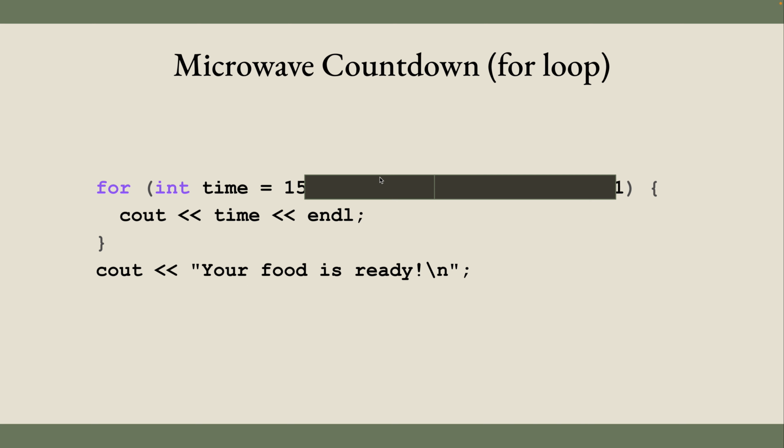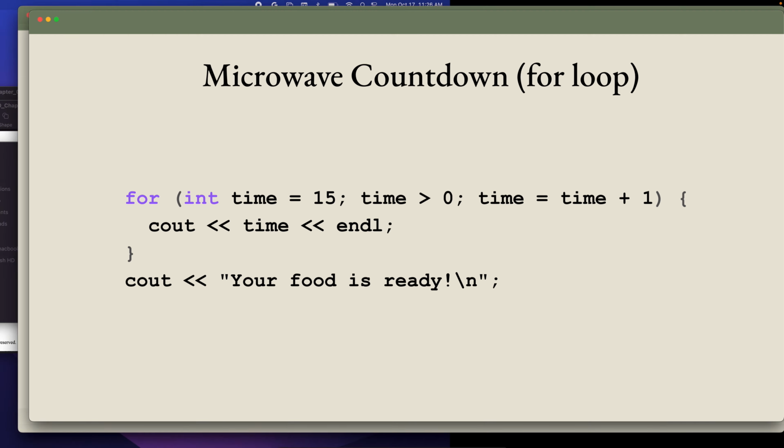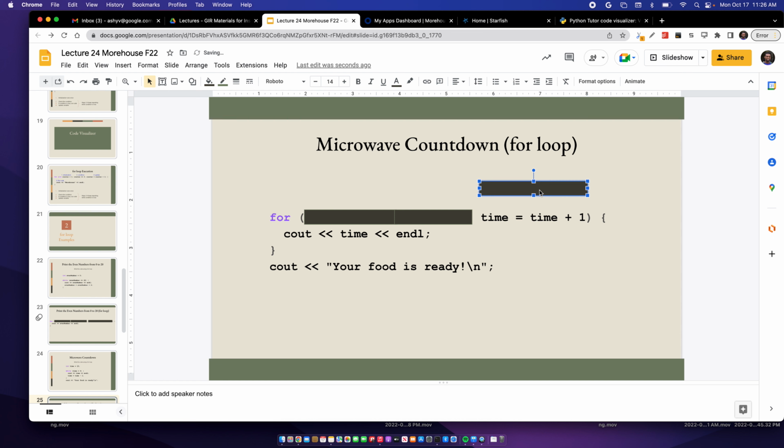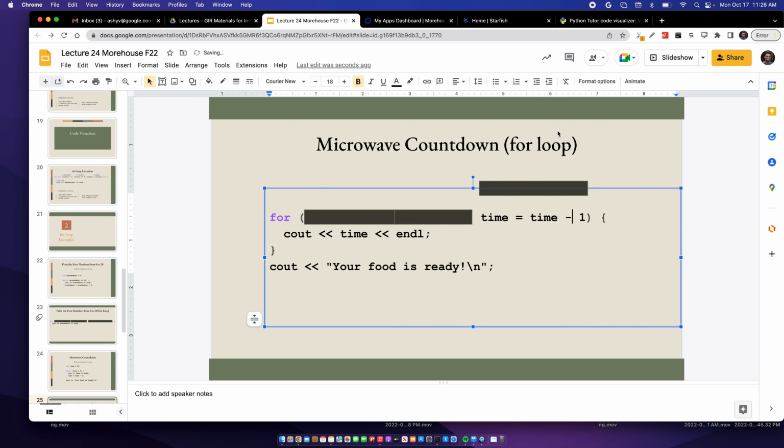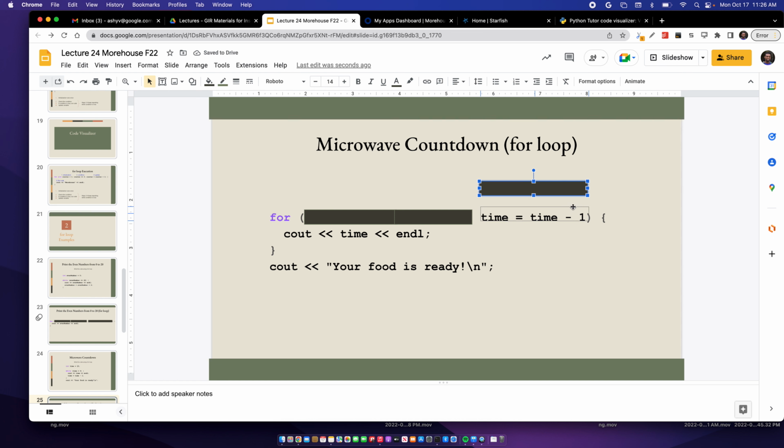Time is greater than 0. Yep, we call that the condition. And then what's the last box? Yeah, this is what we call the update. As you can see, I just copied the code from the previous one and updated everything. Time is equal to time minus 1.